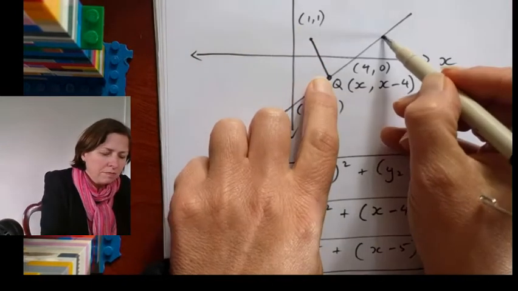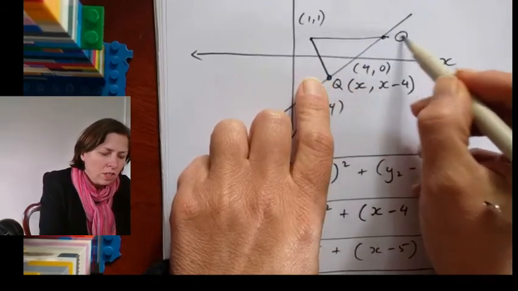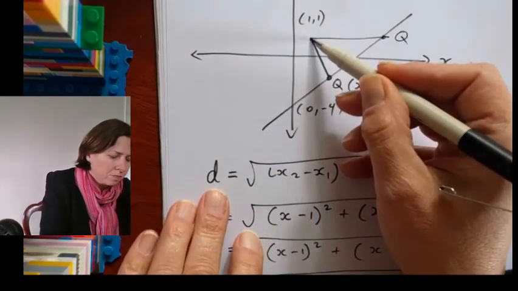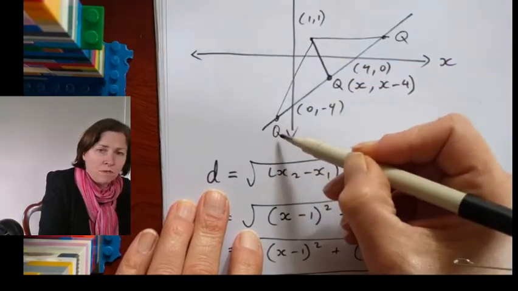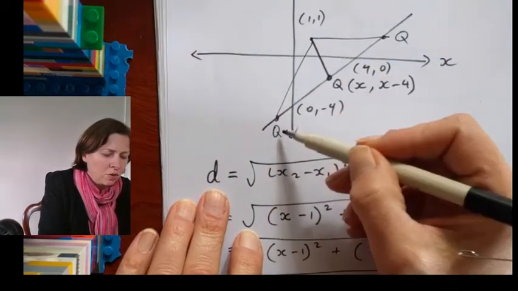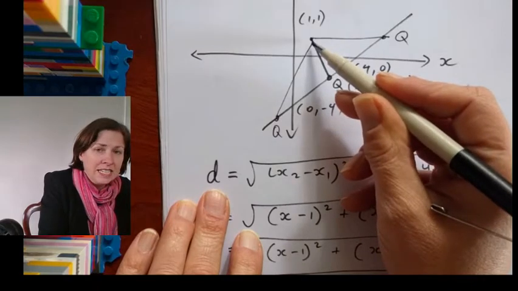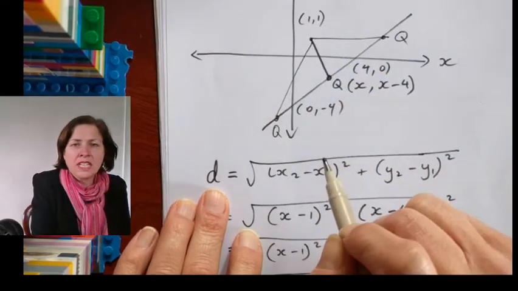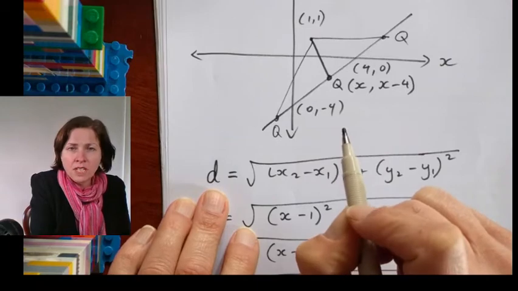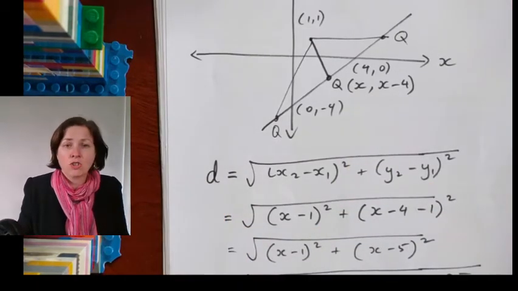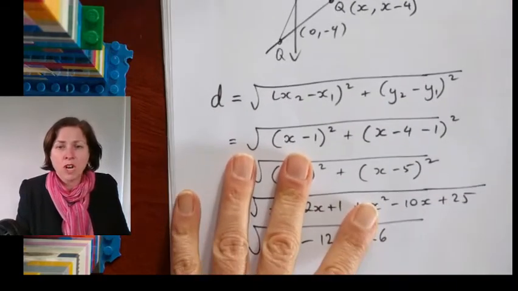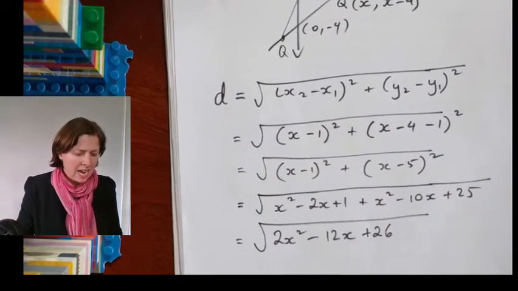Q could be up here, right, there's Q, or Q could be down here, there's Q. Obviously this point Q is going to give me a different distance than this one. I want the distance to be the shortest possible, so I'm going to differentiate this in order to try and find the minimum value of D with respect to x.